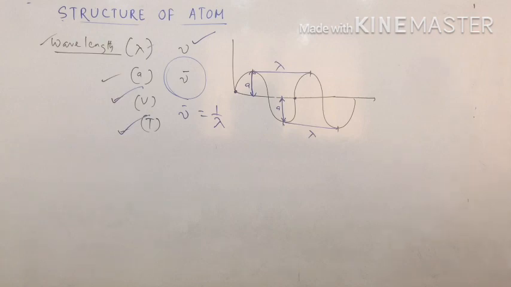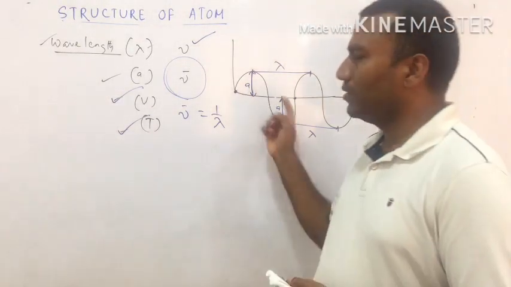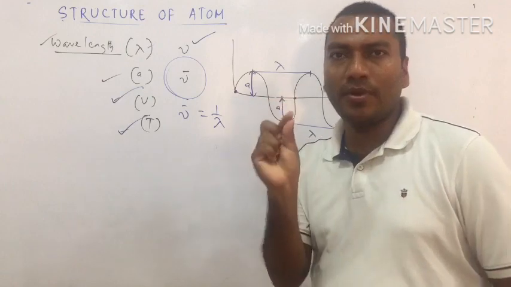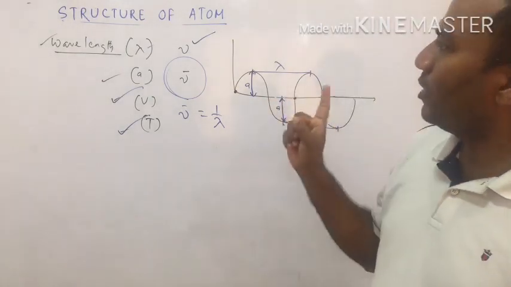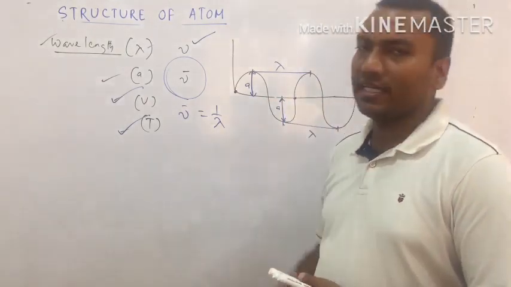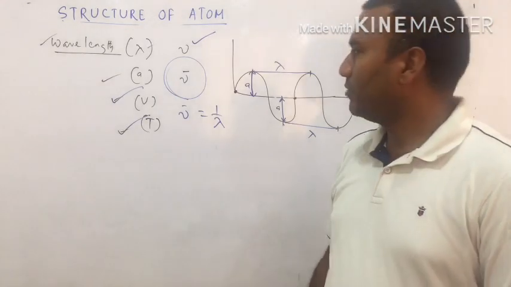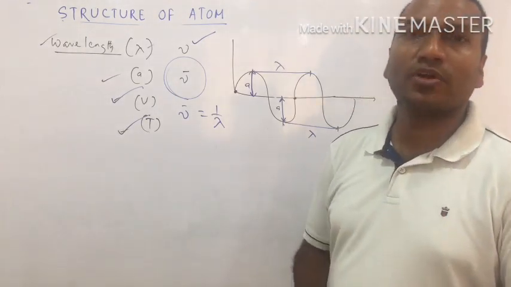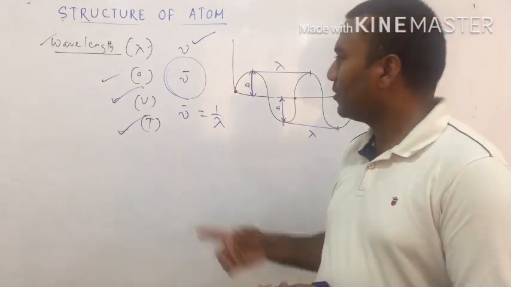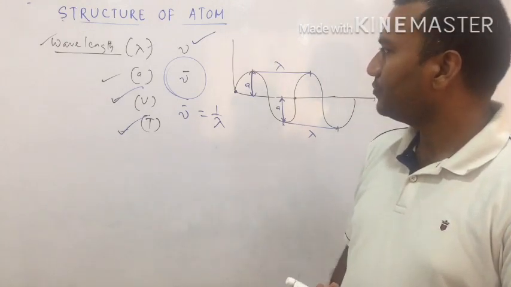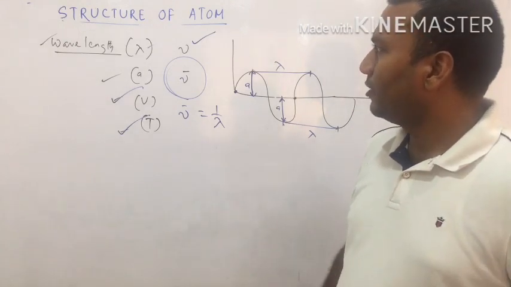Theoretically, wave number is defined as the number of complete waves present in 1 centimeter. Mathematically, it is the reciprocal of wavelength. Understood?